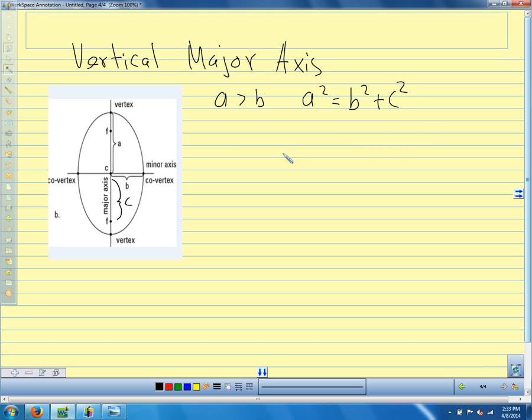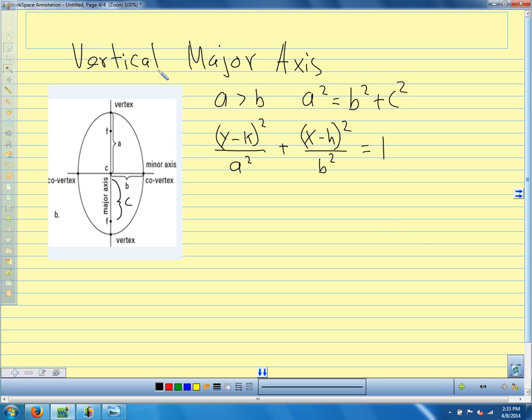So our equation for our vertical major axis is y minus k squared over a squared plus x minus h squared over b squared equals 1.